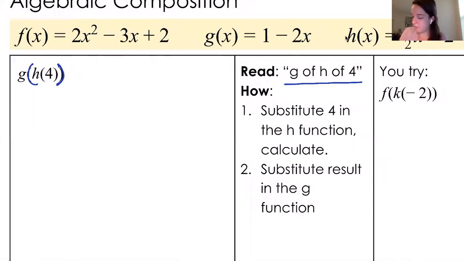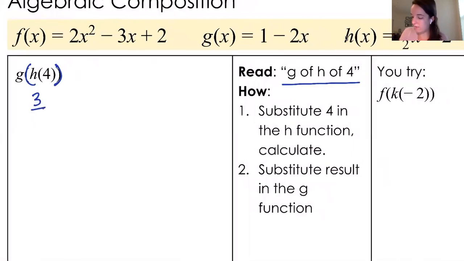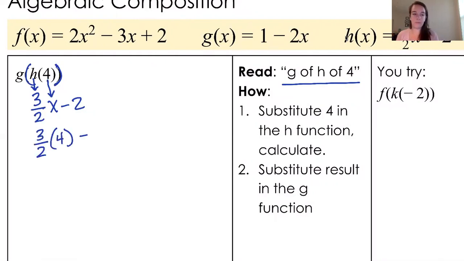So I'm going to start with the h function here. Since the h function says 3/2 x minus 2, that's my h function. And then wherever I see x, I'm going to plug in 4. So I'd have 3/2 times 4 minus 2. You'll know that when we multiply fractions, we would have to have two fractions.